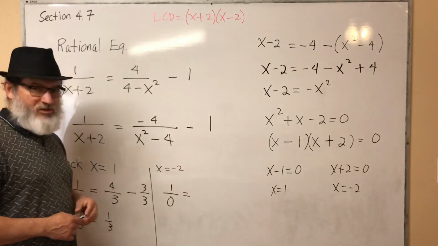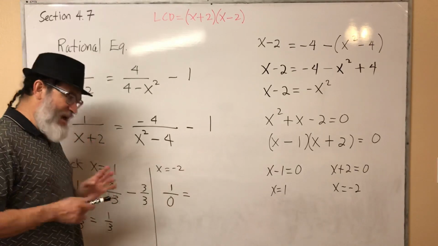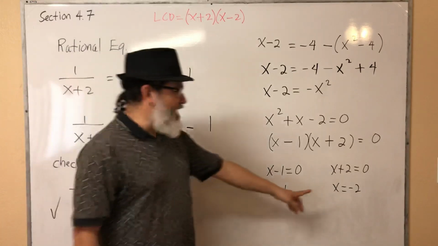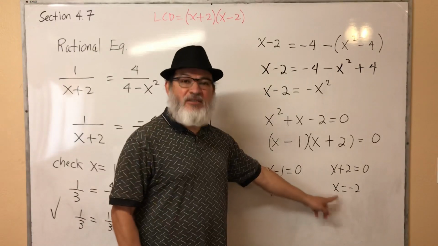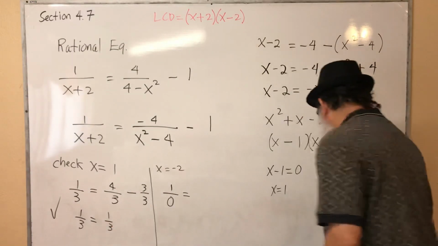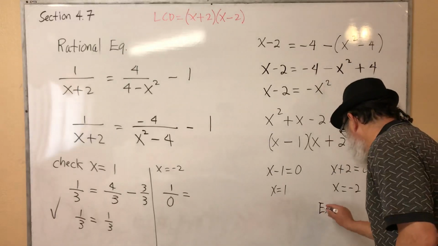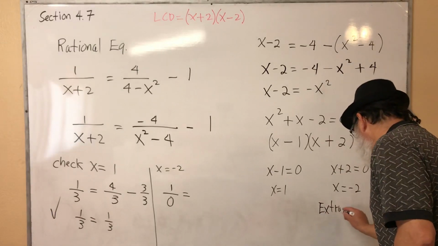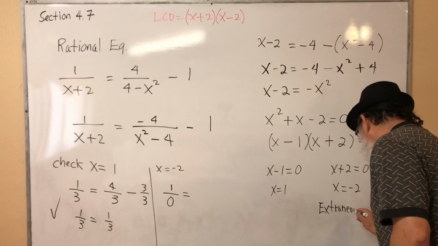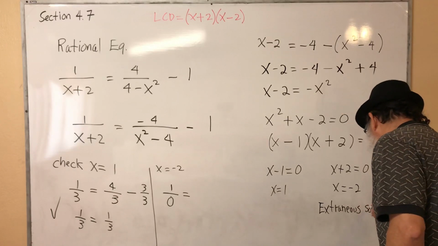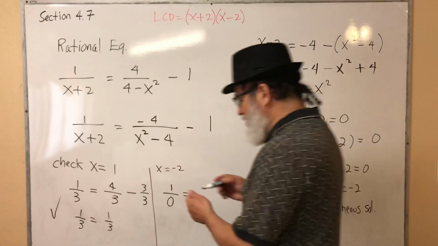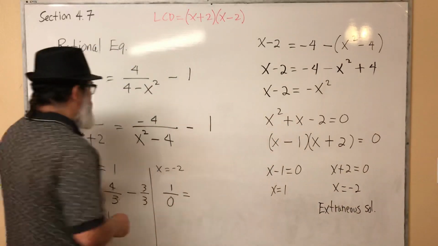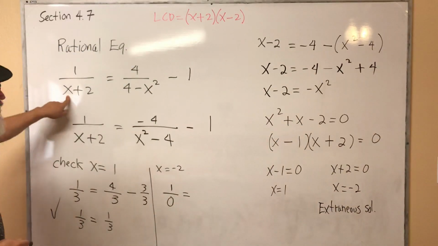Basura means trash. But in mathematics, we say this answer is extraneous. This is an extraneous solution. What that really means is it's not a solution to the original problem. It isn't.